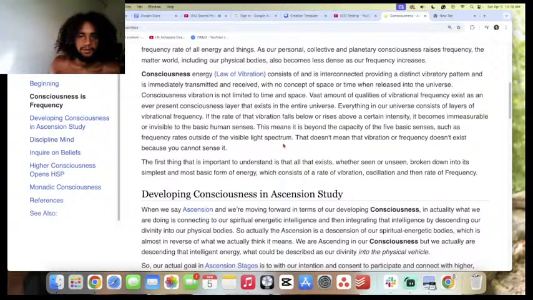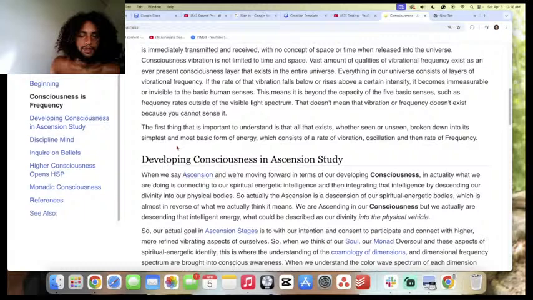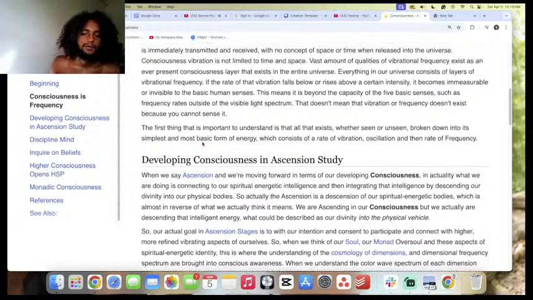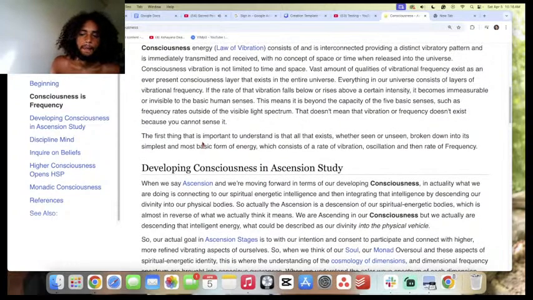You feel me? So the first thing that is important to understand is that all that exists, whether seen or unseen, broken down into its simplest and most basic form of energy, consists of a rate of vibration, oscillation, and a rate of frequency.